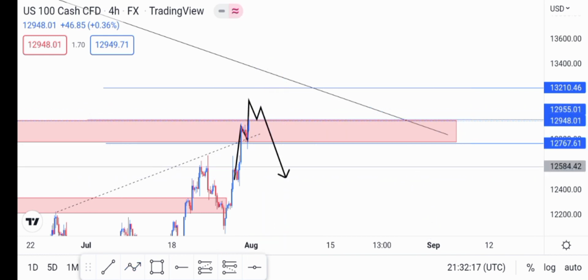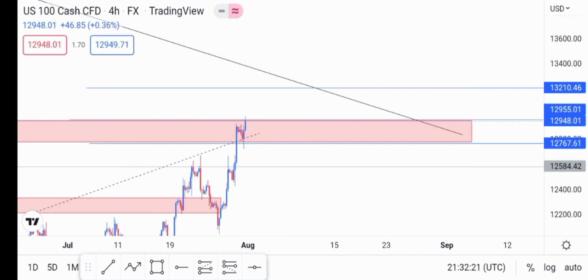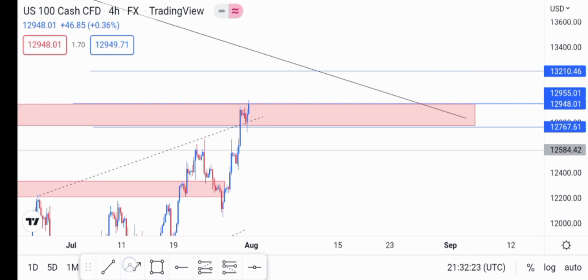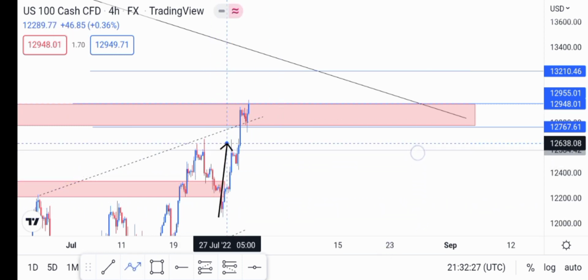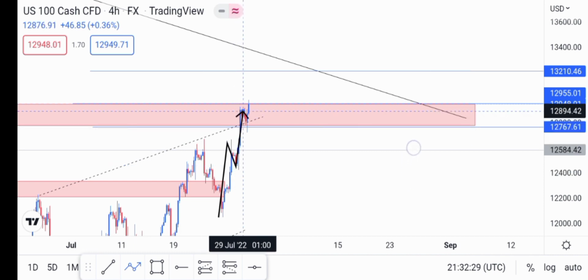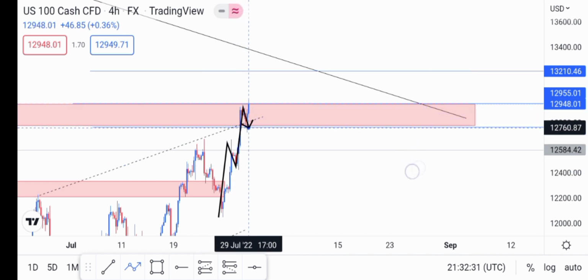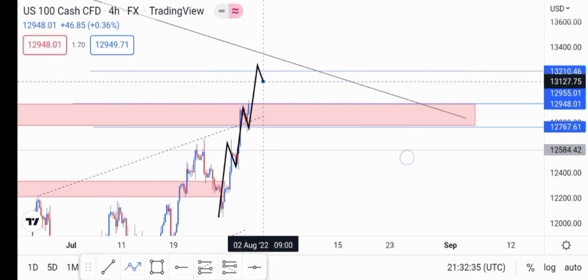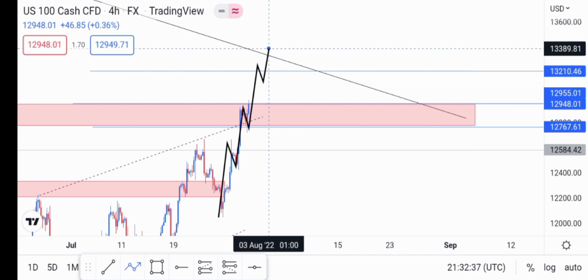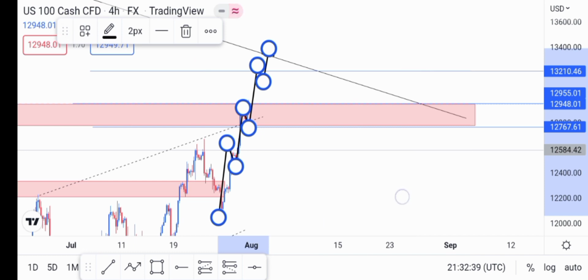As you can see how the market was traveling from this point, a push, a retest, push, retest, I'm anticipating a push before we have a retest until we touch this area here. So this is what I'm anticipating.